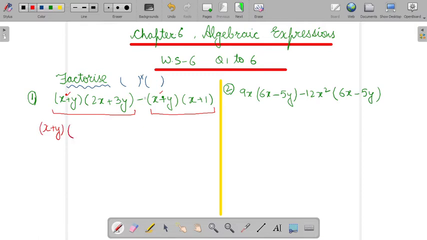We have taken x plus y as the one term common. Now the left term is 2x plus 3y. Now there is a minus sign, so put the minus sign, and what would be left? This we have already taken out, so x plus 1 will be there.